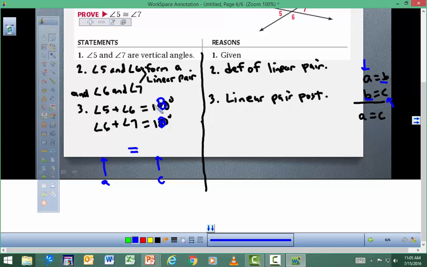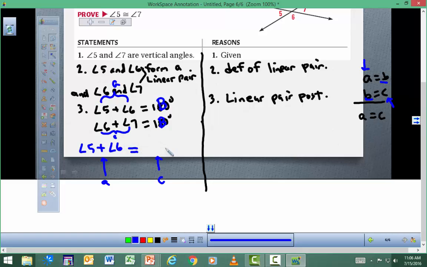But in this setup here, where's the A and the C? Alright, well, symbolically, this entire portion right here is the A. So we're going to put angle 5 plus angle 6. And this entire portion right here is the C, you see?